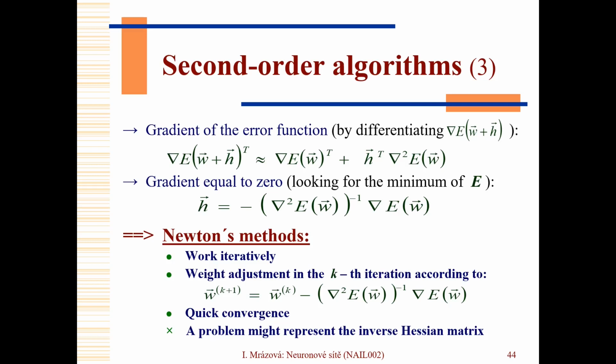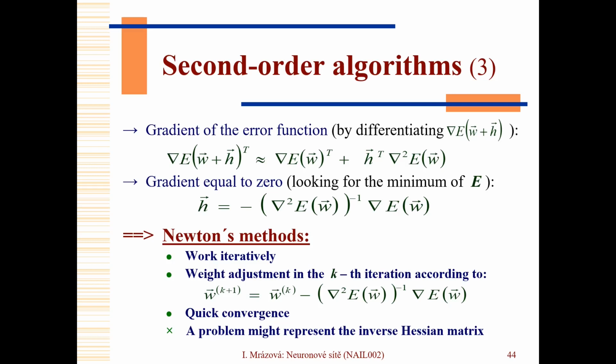So we can approximate the error function by means of the Taylor expansion and hence at the point W plus H, the value of the error function should correspond to the value of the error function at point W plus the gradient of the error function at the point W transposed times the step H plus the quadratic term 1/2 times the step vector H transposed times the Hessian matrix for W and multiplied by the step vector H.